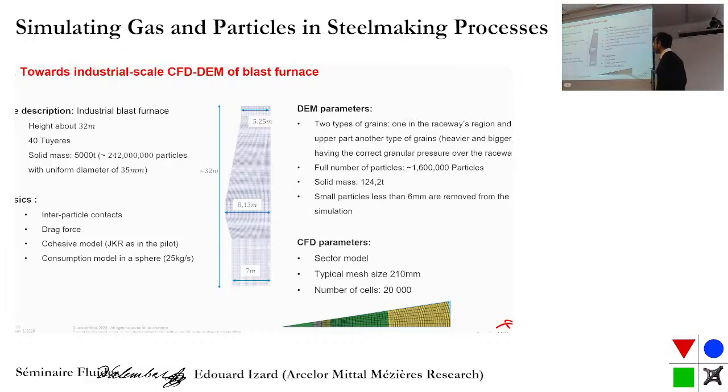We are only considering a portion of the reactor, and we are simulating 1 million particles, and we have made some assumptions, of course, on the particle size, but mainly we have the good sizes close to the raceway, with the good constraint in the pilot. So we are using contact force, drag force, a cohesive model, and consumption, which is accelerated in this model.